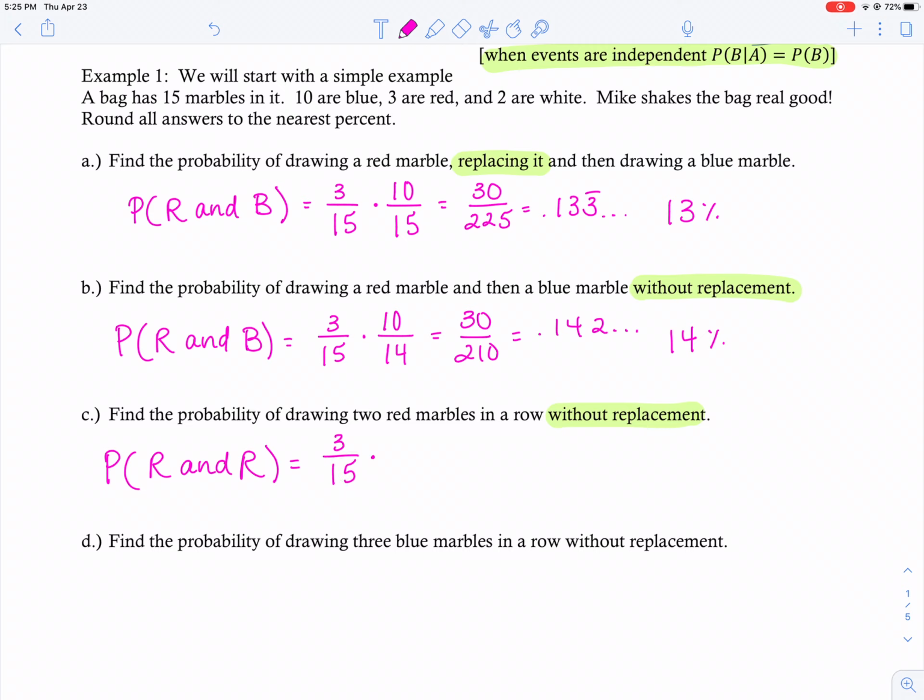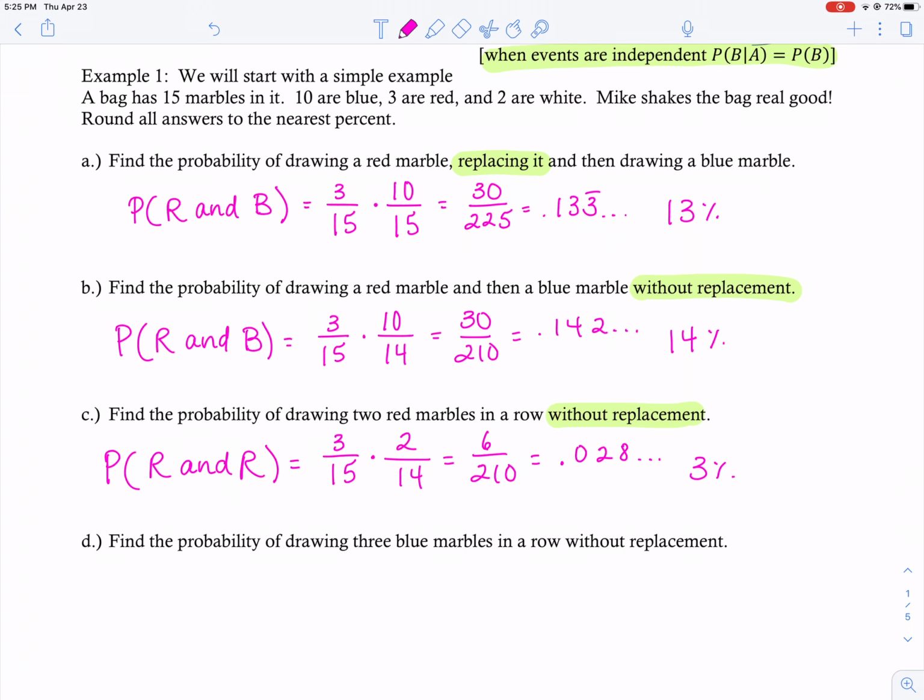Now again, if you pick that and you still have it in your hands, you now have 2 out of 14 to potentially get another red. So that's 6 out of 210, which is 0.028, which is approximately, to the nearest percent, 3%.